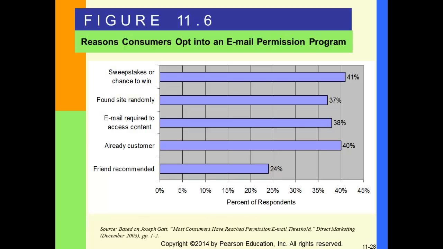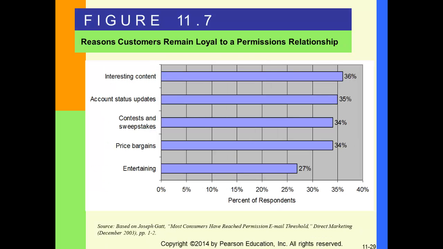This graph shows reasons individuals opt in to an email permission program: because they want to win a sweepstakes, because they found the site randomly, their email is required to access content, they already know you, or a friend recommended it.